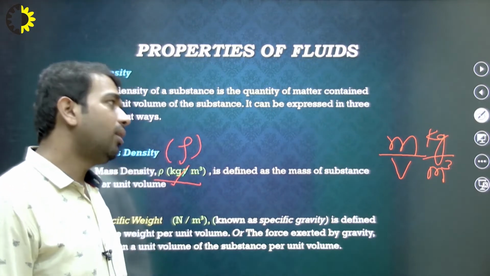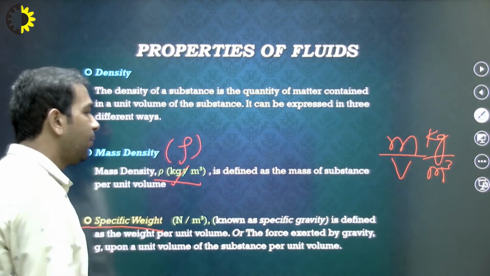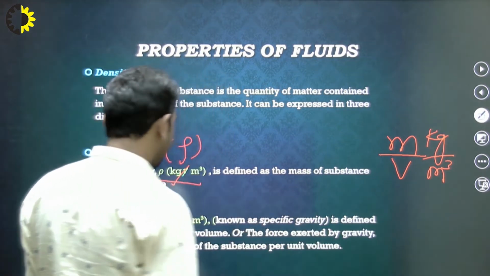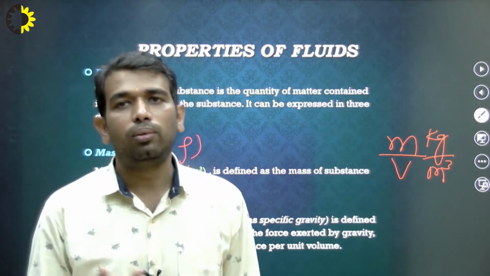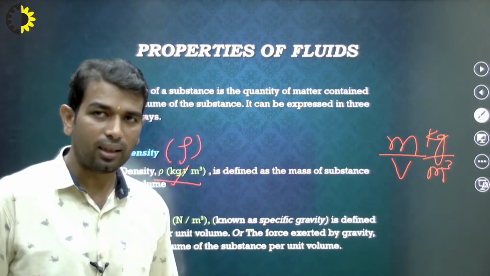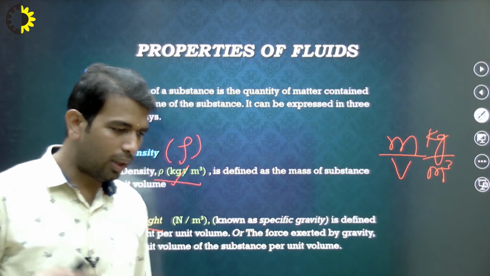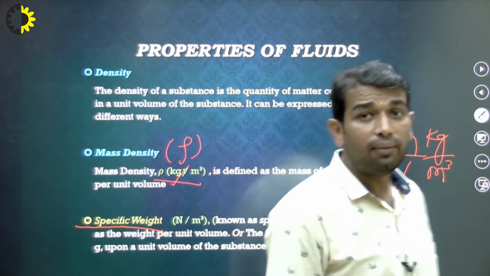Now the next density we are going to discuss is weight density. In general, when we say density, we are very much familiar with mass density. We do not talk about any other variety of density like weight density or relative density.